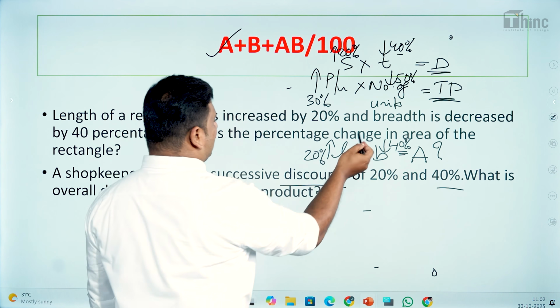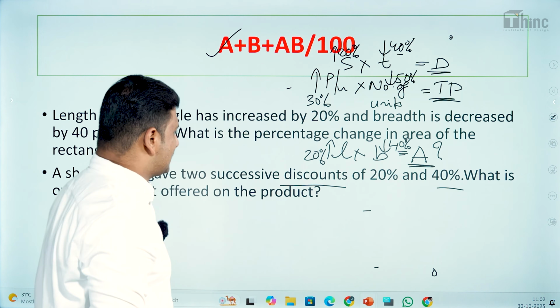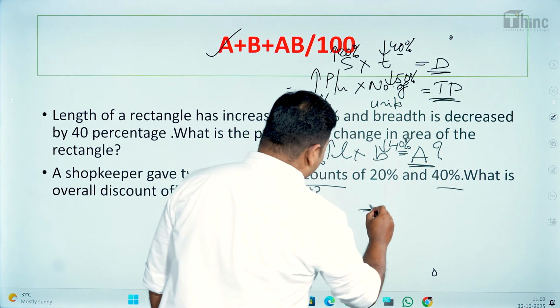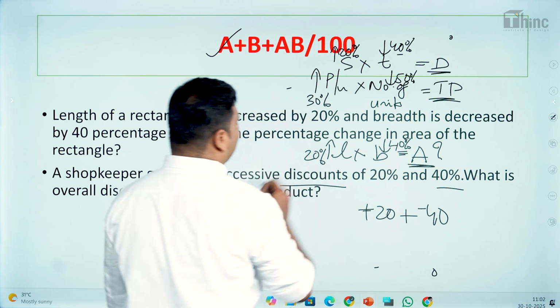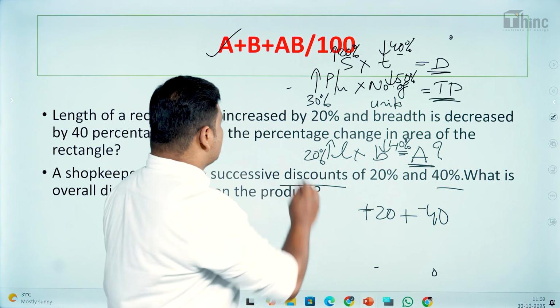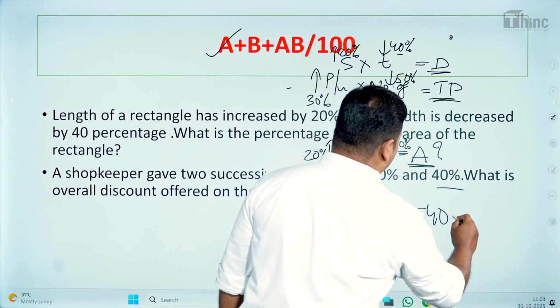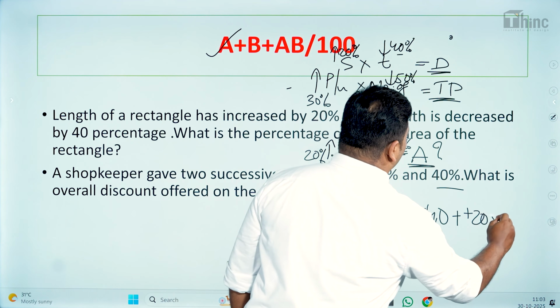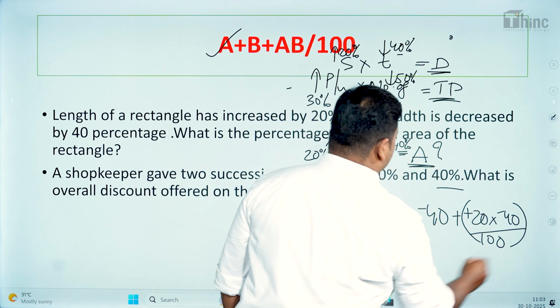Instead of A, put plus 20, and instead of B, put minus 40, because one number is increased by 20 and the other is decreased by 40. So plus 20 plus minus 40 plus 20 into minus 40 by 100 will be the overall percentage change.